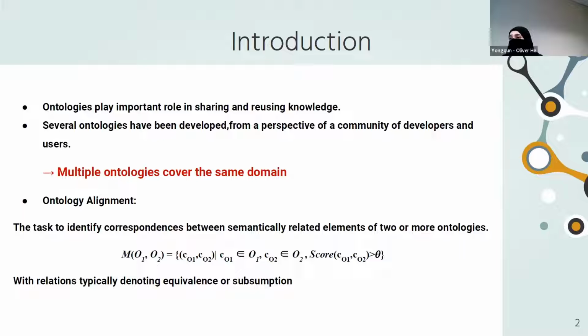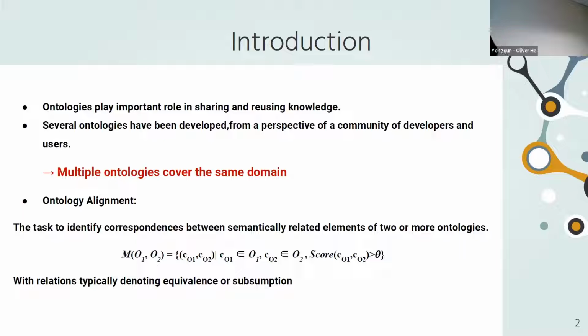To solve this, we have the ontology alignment problem, which is the task of identifying correspondences between semantically related elements between two or more ontologies.